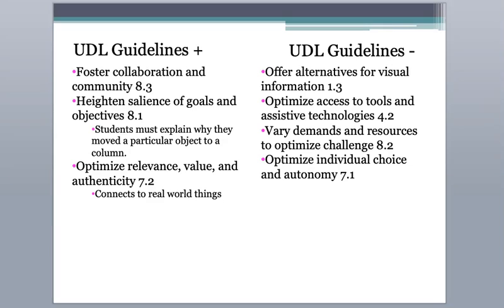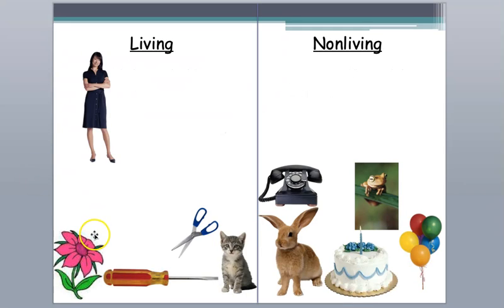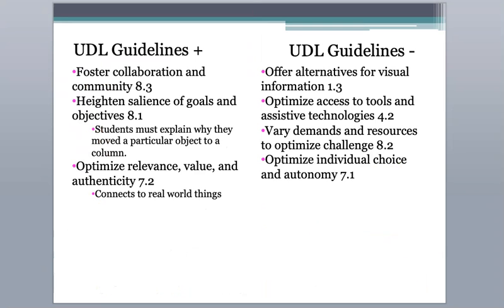Some of the negatives, or the guidelines that it did not follow, were offering, again, the alternatives for visual impairments. Students who possibly are blind or have difficulties would need a lot of support knowing where they are touching on the board and dragging to which column. Also, it doesn't really access tools and assistive technologies.